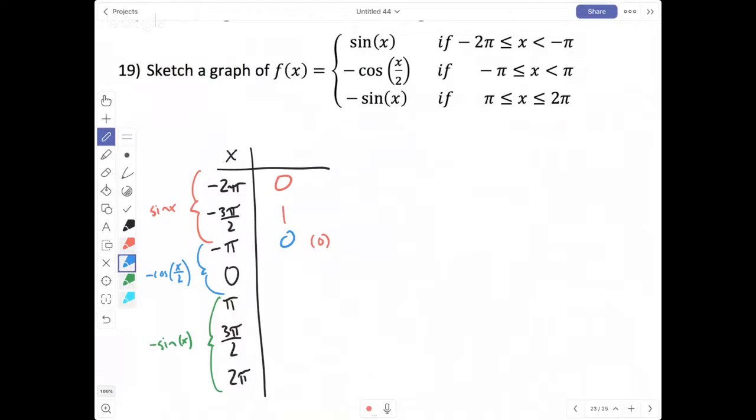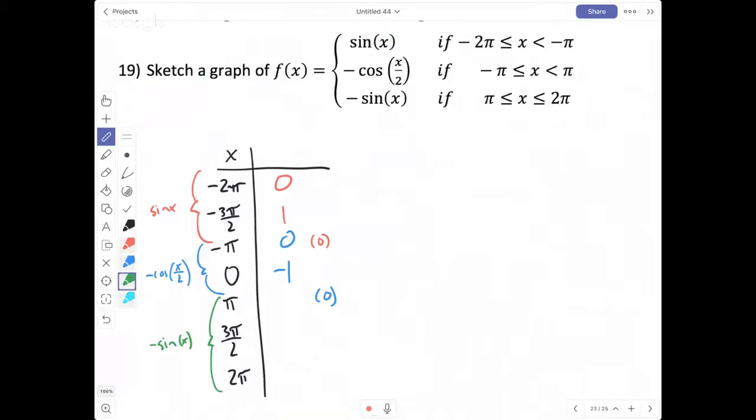So it's 0 if I plug it into sine of x, and it's also 0 here if I plug it into negative cosine of x over 2. Then I want negative cosine of 0 over 2, which is negative cosine of 0. Cosine of 0 is 1, so we're talking negative 1.